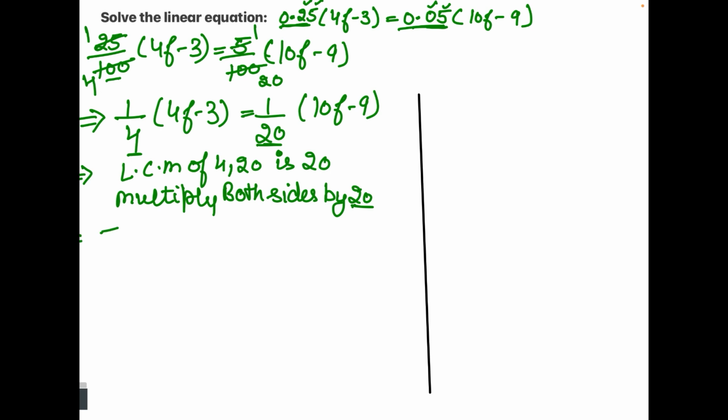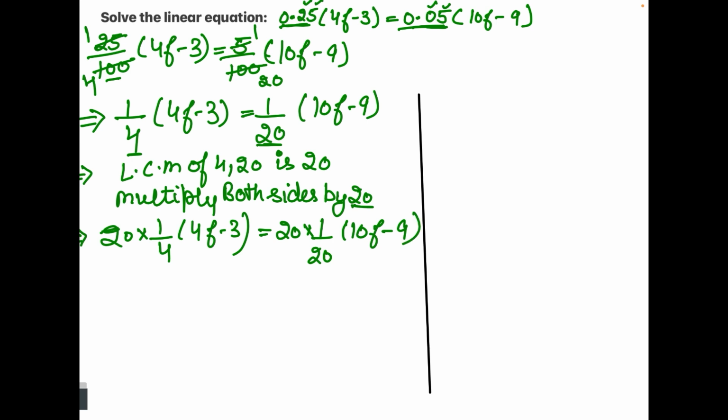So the equation will be 20 into 1 over 4 (4f minus 3) is equal to 20 into 1 over 20 (10f minus 9). First we simplify it.